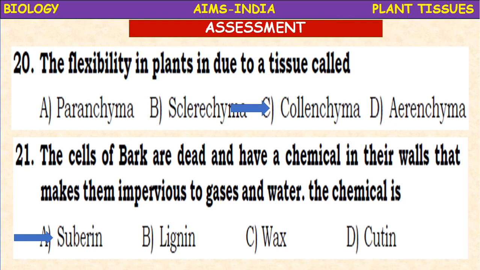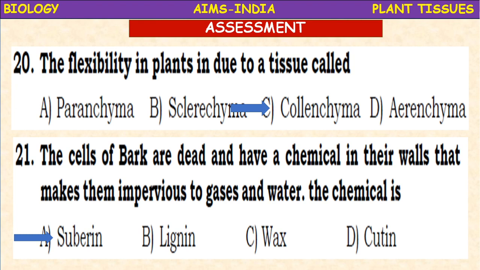So actually cell wall in plant cells is made up of different types of chemical substances. The main one is cellulose. In some plants, along with the cellulose, different other chemicals are also present. They are lignin, suberin, pectin, hemicellulose, like that.